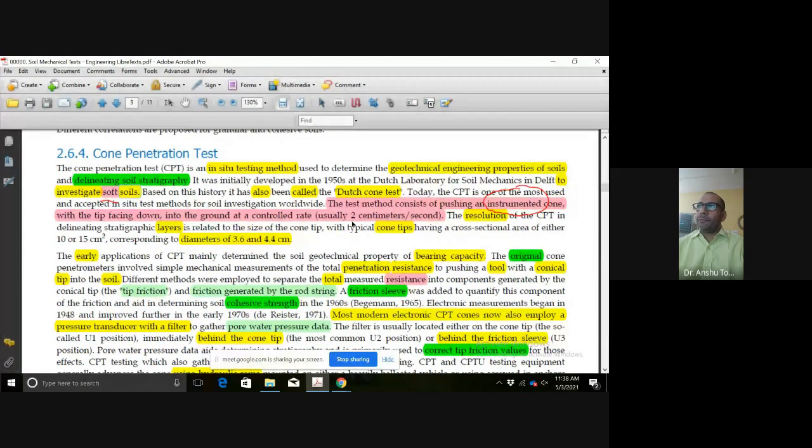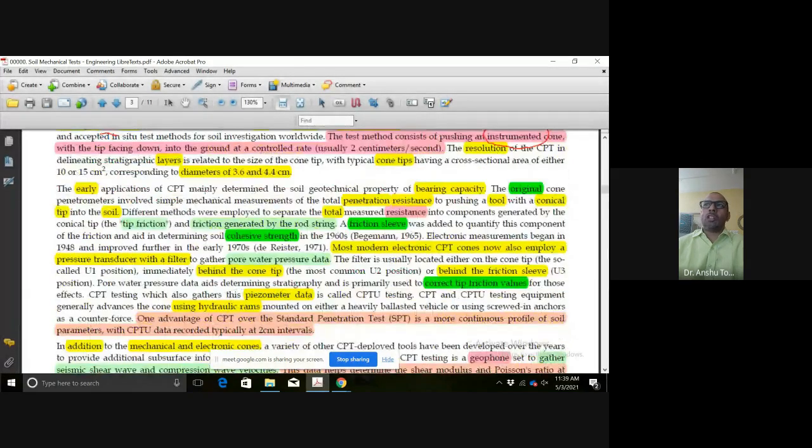The rate of movement of the CPT cone is 2 centimeters per second. The resolution of the CPT in delineating stratigraphic layers is related to the size of the cone tip. It varies from 3.5 to 4 centimeters. So with the variation of the diameter of the cone, there is a variation in the resolution of the CPT test results.